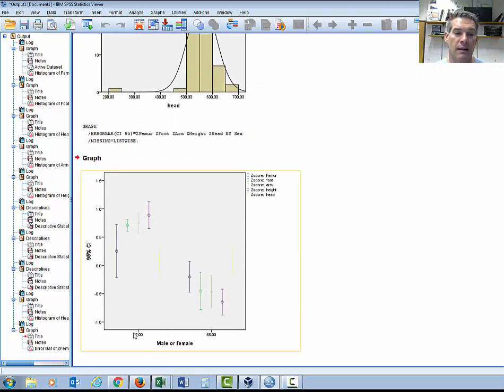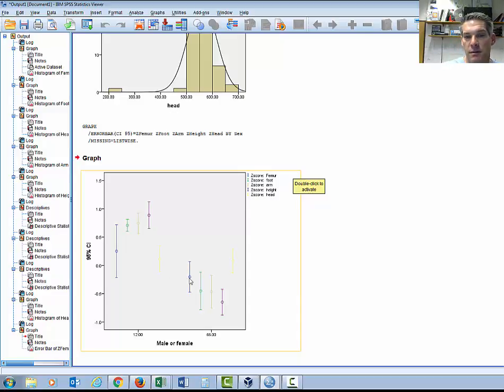If you look at this category, number 12, you see that they're above the mean on femur, above the mean on foot, above the mean on arm, and above the mean on height. But, I'm sorry, head, they're at the mean.